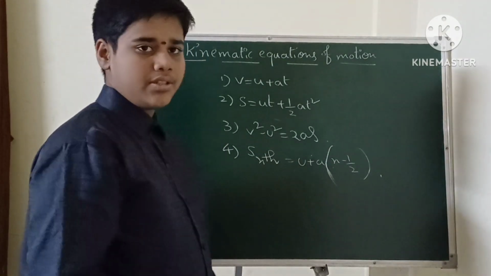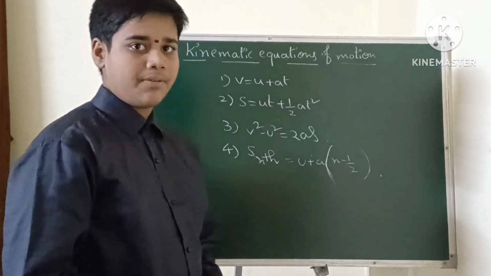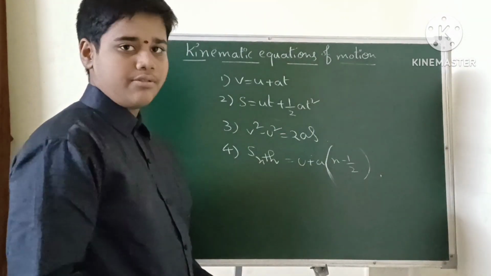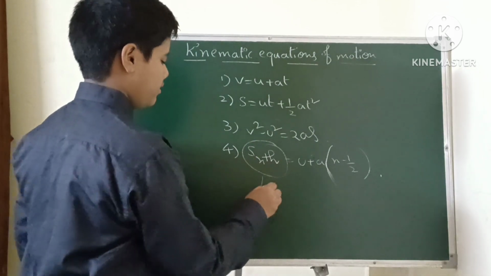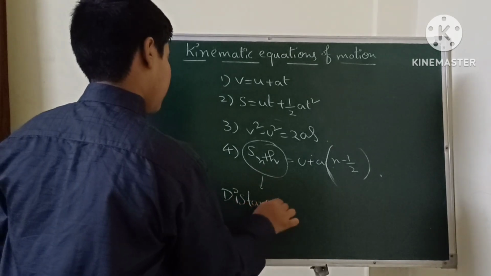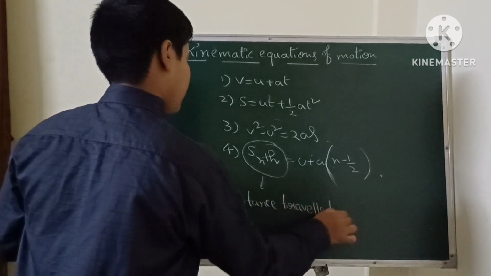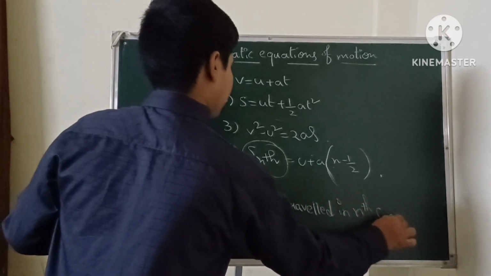First one, V equals U plus AT, and second one, S equals UT plus half AT square, and third one, V square minus U square equals 2AS, and a_n means distance traveled in nth second.